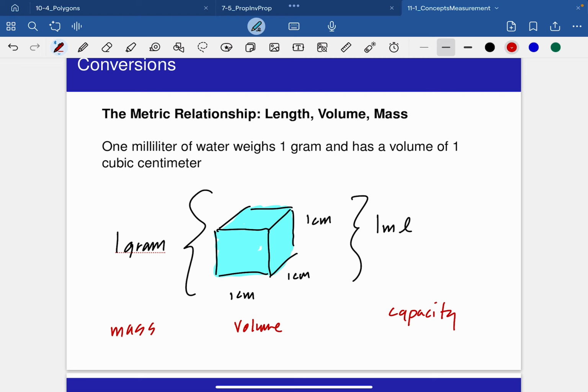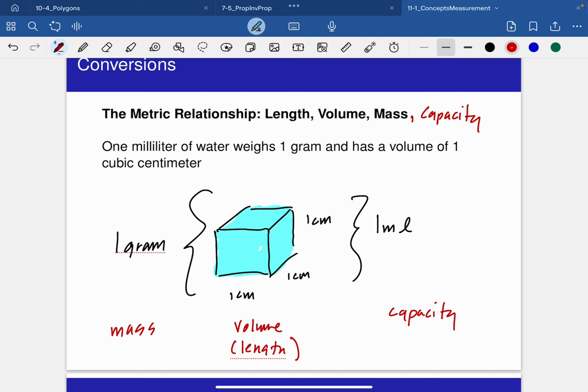And the volume, of course, is derived by our understanding of length. So we have a length, volume, mass relationship, but also capacity. I forgot to put that up there.